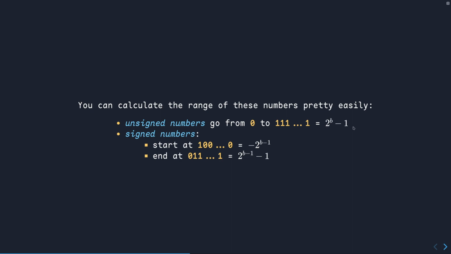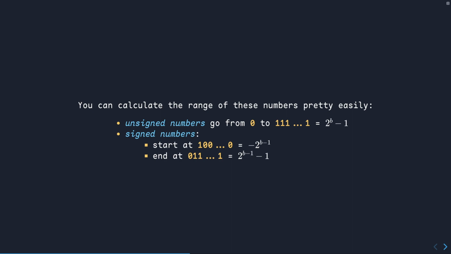That's a general rule which applies for all numbers. If you have 1, 1, 1, 1, 1, 1, 1, 1, that's just 2 to the 8 minus 1, which is 255. For signed numbers, we just get the smallest negative number and the largest positive number.